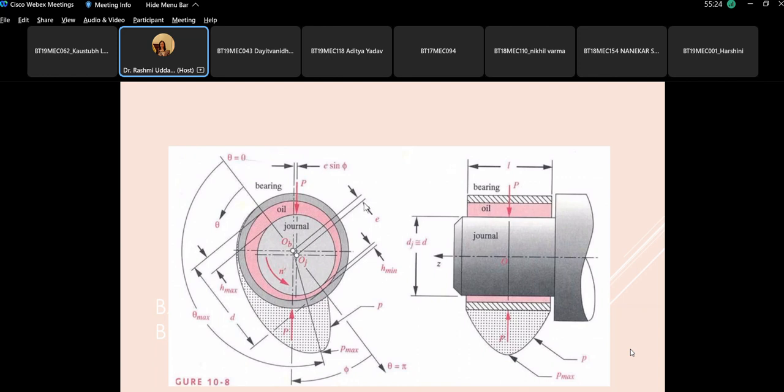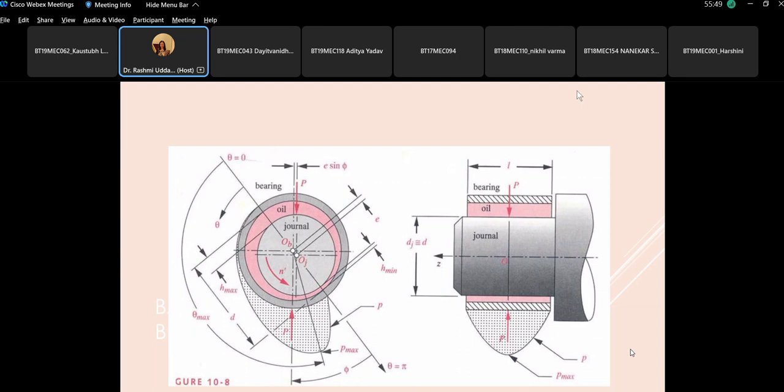So this is an important term, e. And then there is h minimum, which means the minimum oil film thickness. This is another very important parameter. We want this minimum film thickness to be as large as possible or as small as possible.